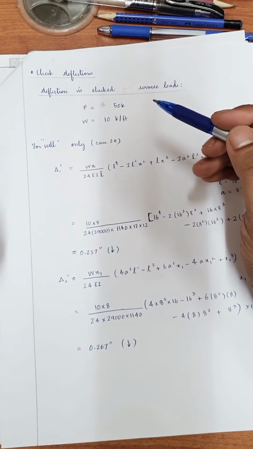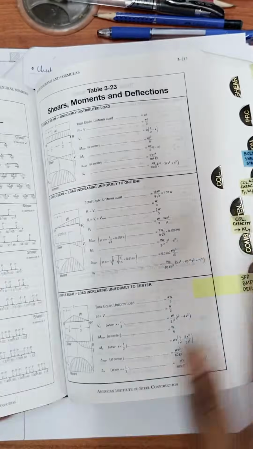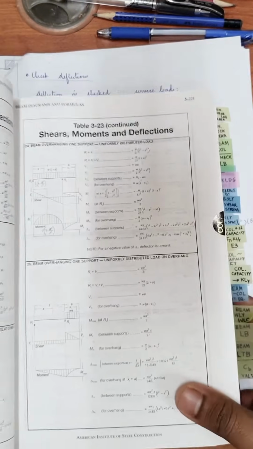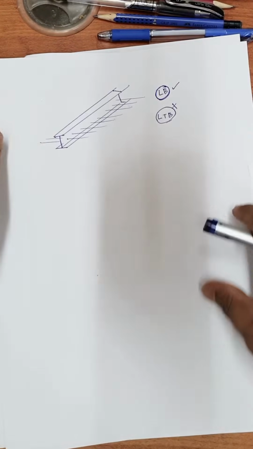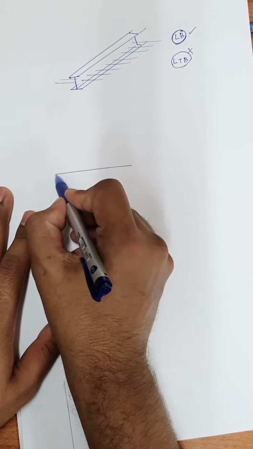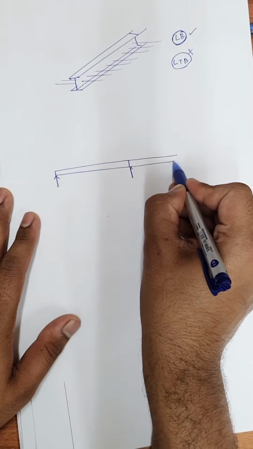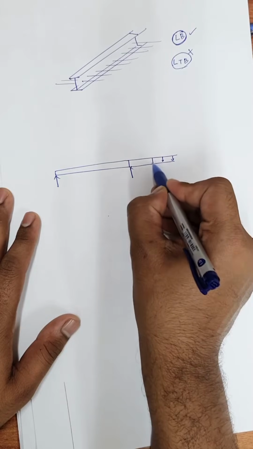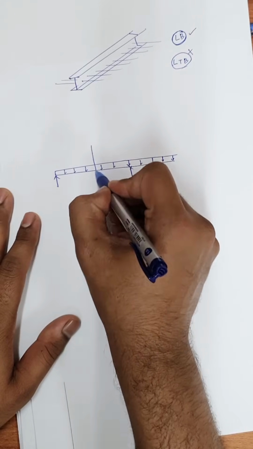Now let's see how these values can be used. If you take this section, this is case 24. So our problem can be split into 2 cases, because we have a distributed load and a concentrated load.